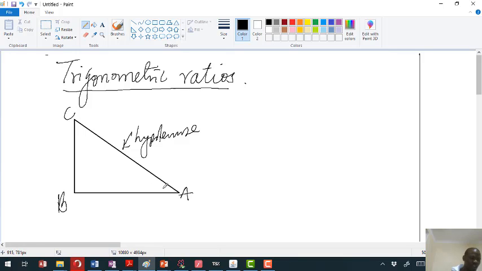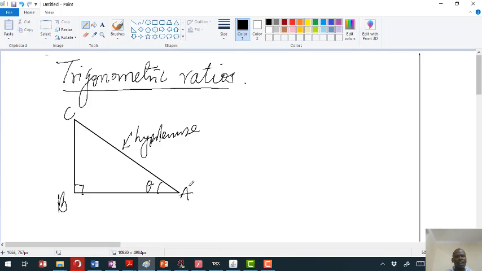Then let us choose a reference angle. We don't need this one, this one is already known. We can only reference this or that, angle A or angle C. Whenever you are using a trigonometric ratio, you must first of all identify the reference angle. The reference angle in our case is angle A.